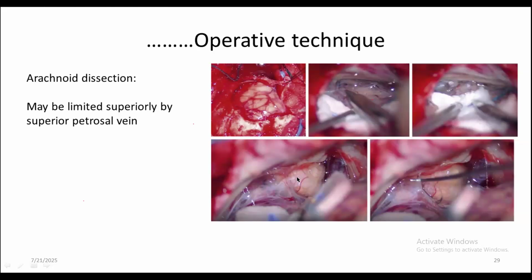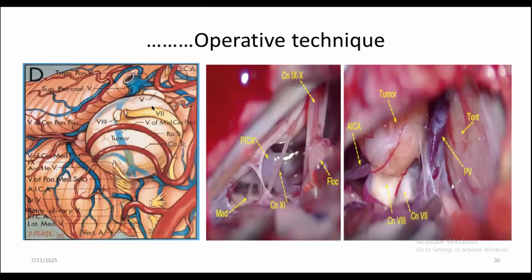And then it is important to note that superiorly, the extent of the dissection may be limited by the superior petrosal vein, which is an important landmark in the CP angle. This is where the superior petrosal vein is located, and it is identified usually as an inverted Y structure.